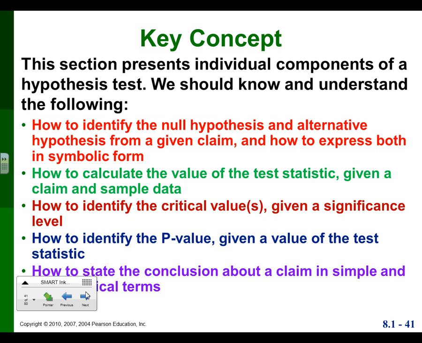Yeah, here we go. All right. Okay. So we've done this, the null, the alternative, the given claim, and we've done symbolic form. Test statistic, p hat, x bar, chi-squared, variance, all that stuff.